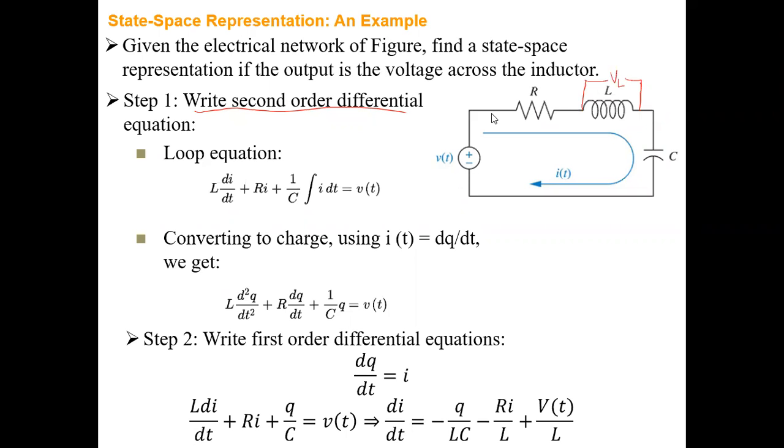Let me begin with the loop equation, Kirchhoff's voltage law. There is only one loop. This is VT. What is the voltage drop here? If current is i, then it is iR. Then what is the voltage here? Anybody can help me, please?